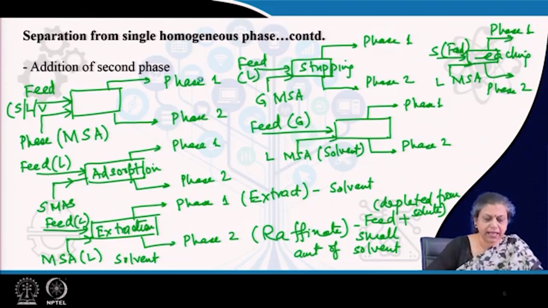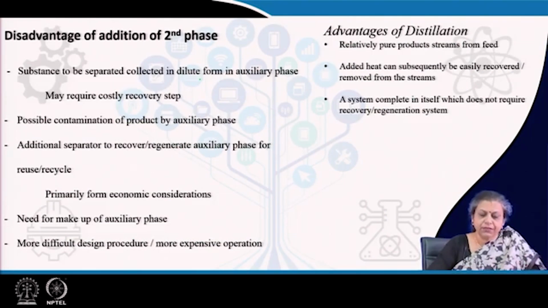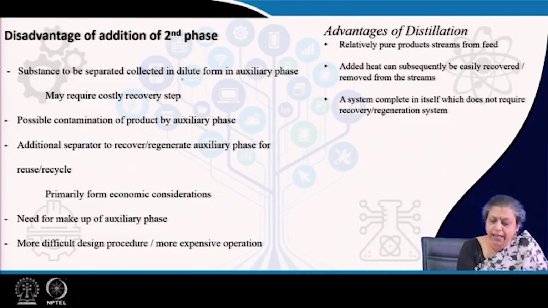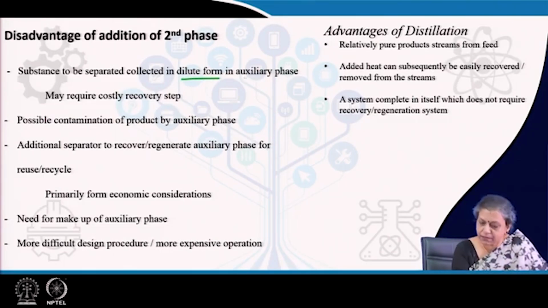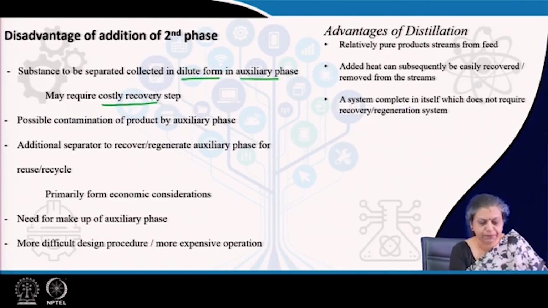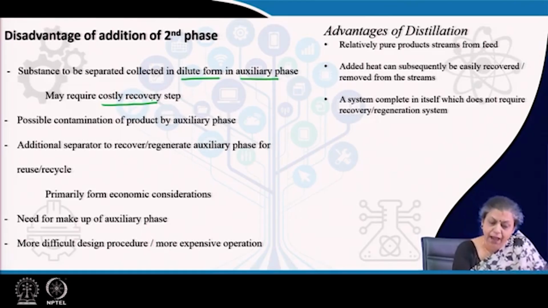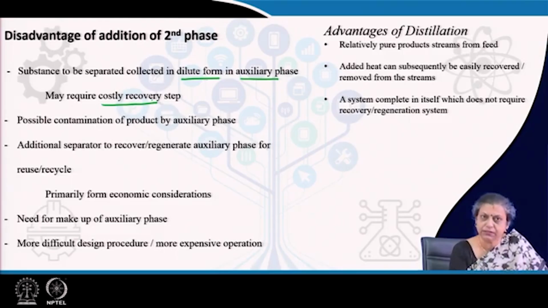So, the product that we get is definitely in a much more dilute form in the MSA or the auxiliary phase. Therefore, if we need to remove the product from here, we may encounter a costly recovery step, which we have to keep in mind when we design the process by addition of a second auxiliary phase.